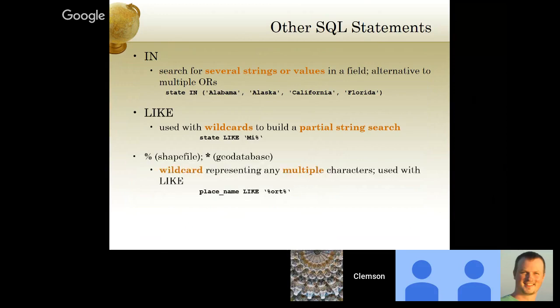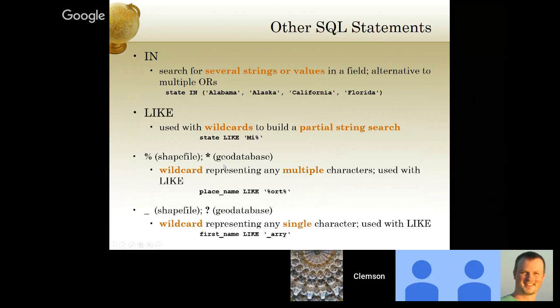You can represent multiple characters, say search anywhere within a string, like using that wildcard symbol at the beginning and end of your search. The exact symbol that's used depends on whether it's a shapefile or a geodatabase feature class table. So it'll either be a % or an asterisk.